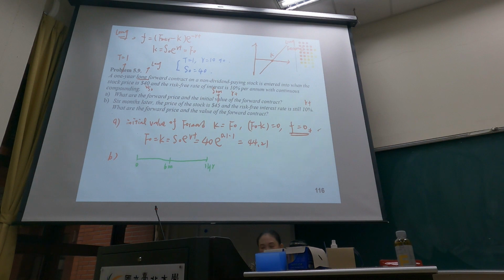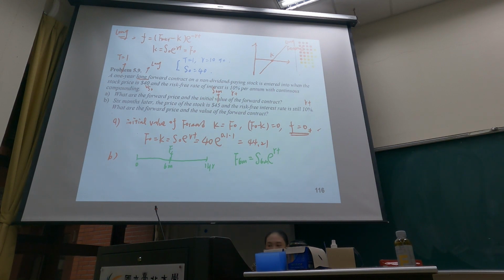So basically, the question wants you to stand at 6 months later to figure out the value of the forward, and the forward price after 6 months. Are we okay with that? First of all, F at 6 months equals S at 6 months times e to the power of RT, agree?